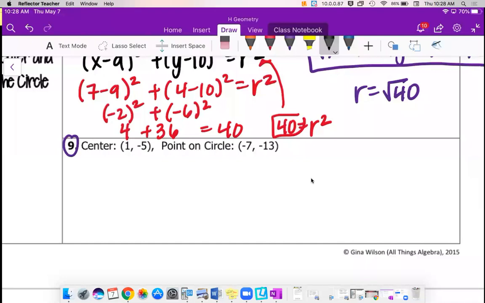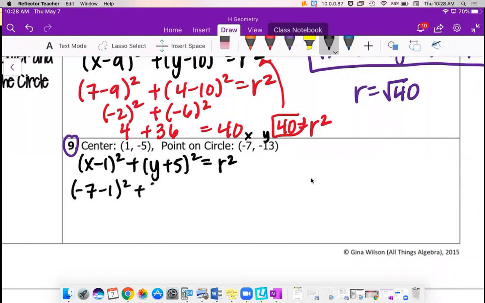All right, so let's write the equation first. So you've got x minus 1 squared plus y plus 5 squared is equal to r squared. And then again, we're just going to plug in x and y. So negative 7 minus 1 squared plus negative 13 plus 5 squared is equal to r squared.